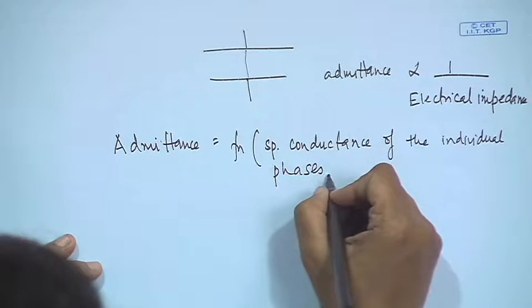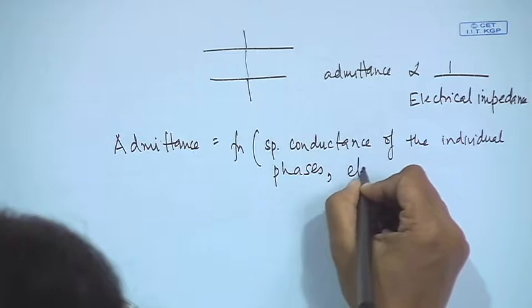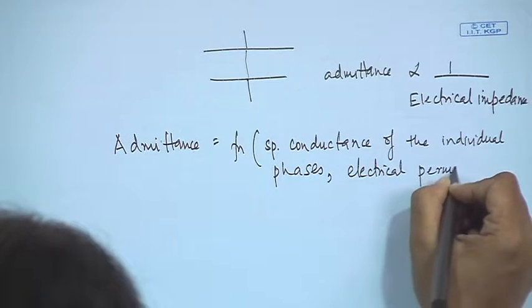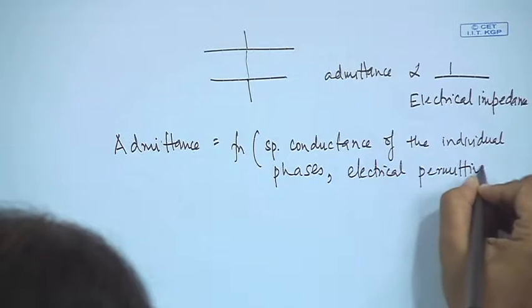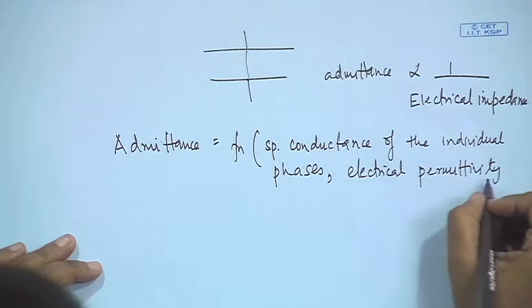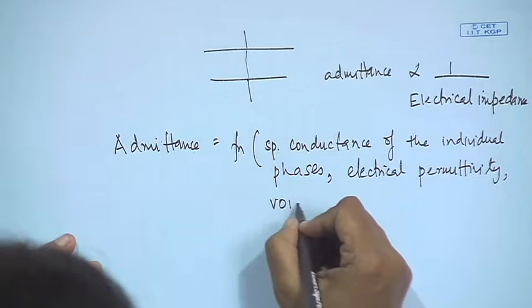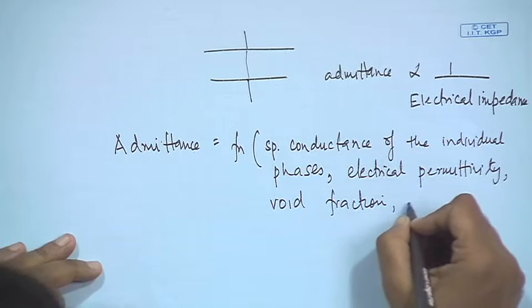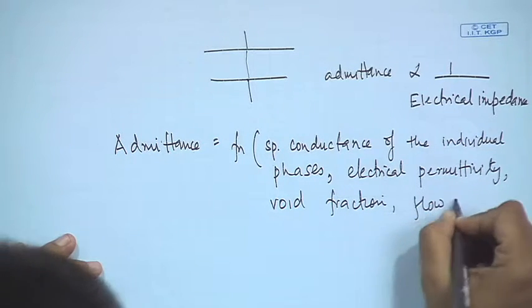Then it is also a function of electrical permittivity, or in other words, the electrical properties of the two phases. Then it is also a function of void fraction and your flow pattern.